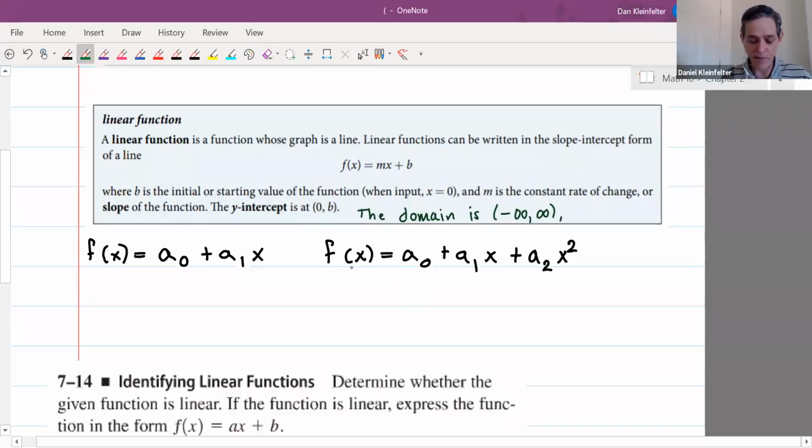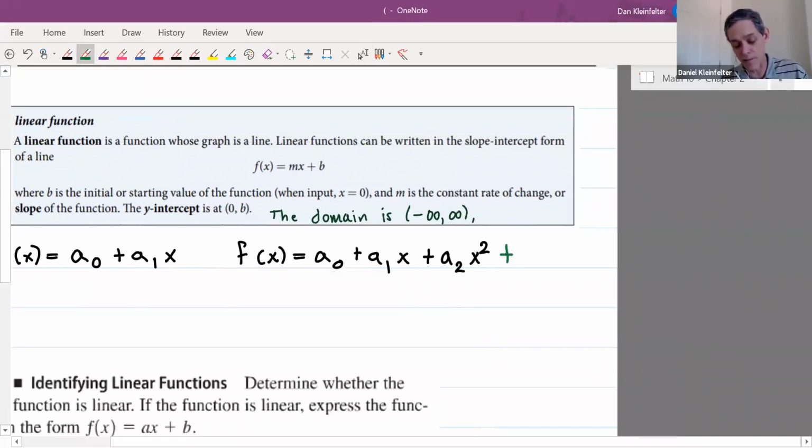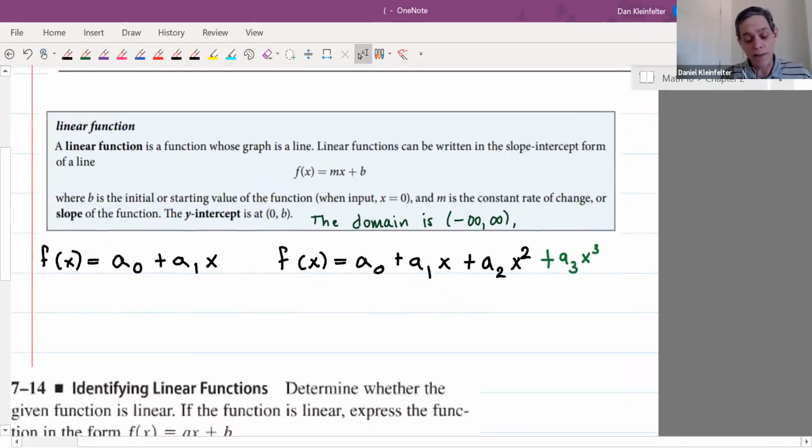For example, if we want to make a degree 2 polynomial, all that we'd need to do is add an a2x squared to it. And then you could guess if we want to make it cubic, we could add a3x cubed to that. Then we can add as many terms as we wanted, right?